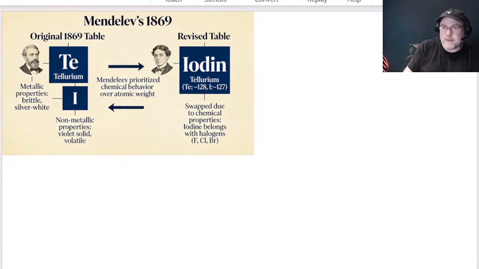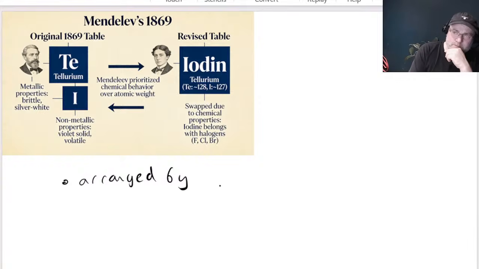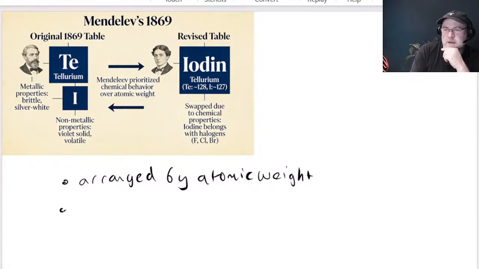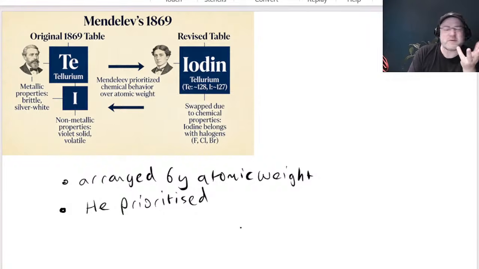So the old table was arranged, I'll give you the bullet points. He did a couple of funky things, but the first one isn't really funky. Arranged by atomic mass or weight. They might use the word weight, or they might say mass, but arranged by atomic weight. But then, of course, he prioritized chemical properties.